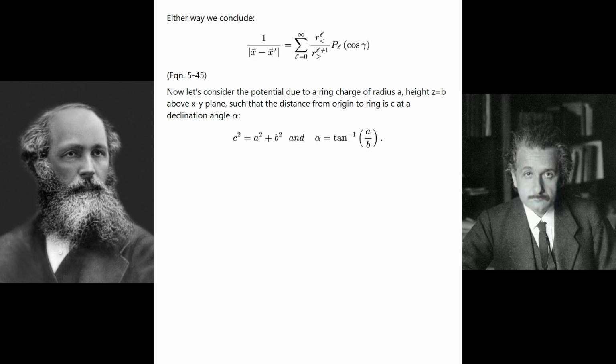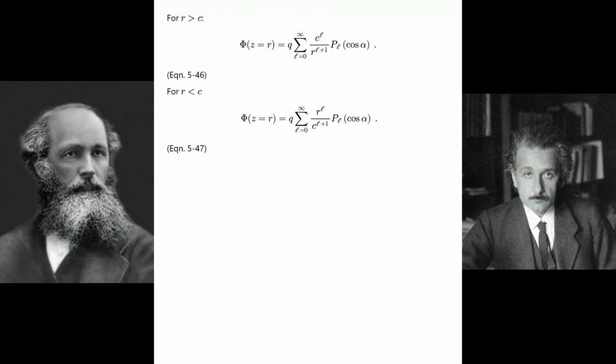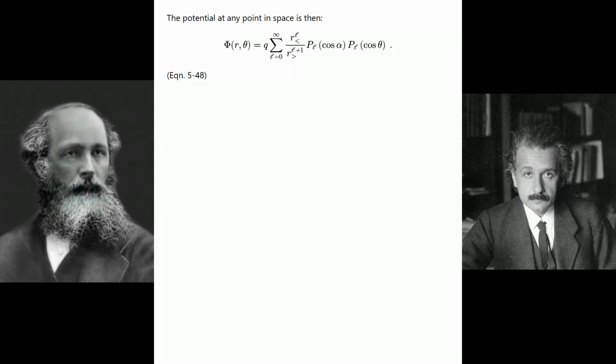See the equation. The potential on the z-axis at distance r is then, see the equation shown. For r greater than c, see equation 5-46. For r less than c, see equation 5-47 that follows. The potential at any point in space is then, see equation 5-48.